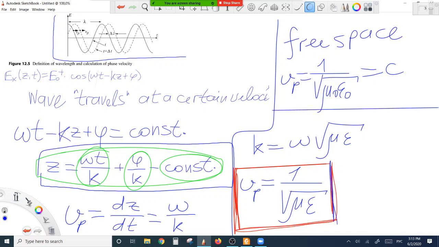In general, the speed of propagation of the wave in the medium is equal to this. This can also be called the phase velocity of the wave.